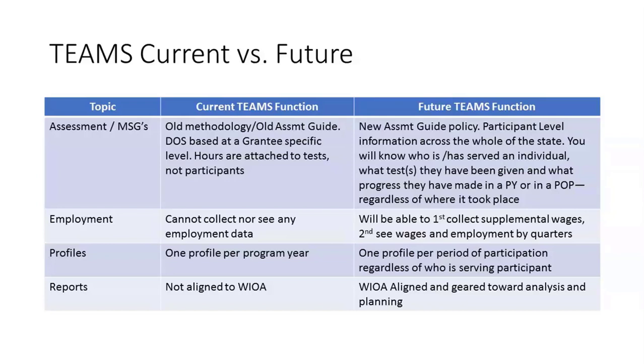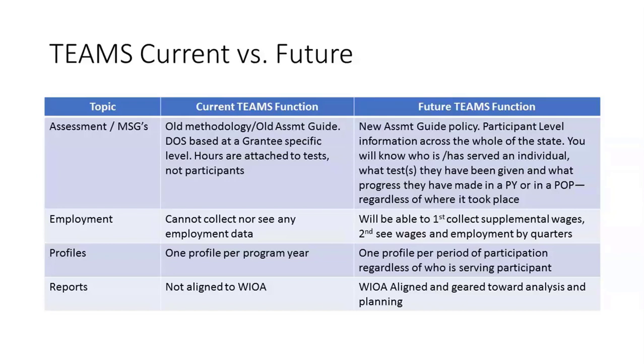Right now, most individuals that have access to TEAMS only have the purview to see information at a grantee level, meaning you are an educator or an administrator working with Jane Doe and putting information in the system for Jane Doe under Region 20. When you go to look at information and pull reports, you only see what you have done with Jane Doe, but you're not understanding that maybe Jane Doe has already had services in that program year in Dallas or out in East Texas or somewhere else in the state.